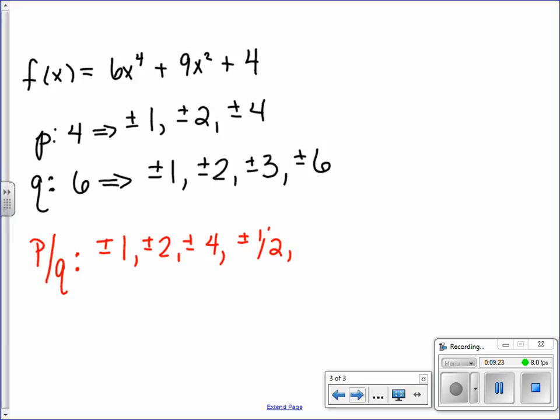I already have 1. I already have 2. Well, I don't want to get out of order. There's no need in writing the 2 again because it's already there. There's no need in writing the 1 again. So let's go with 2/3.